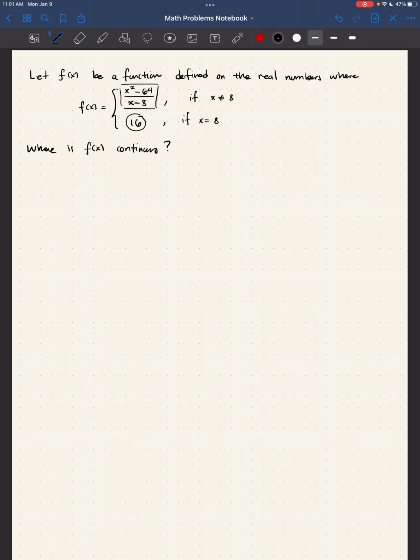But the problem is the following, right? We are mixing these two items together. So what we would like to see is whether the following takes place. We need to answer this question: for which values of a does the limit as x approaches a of f of x equal f of a?